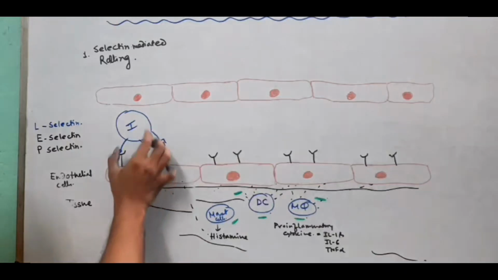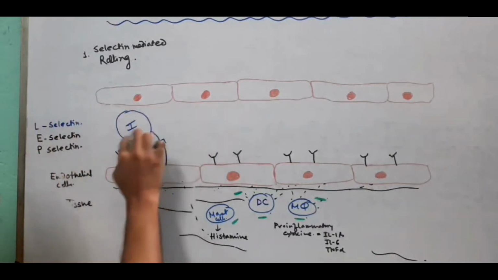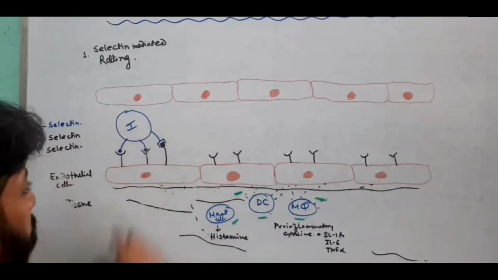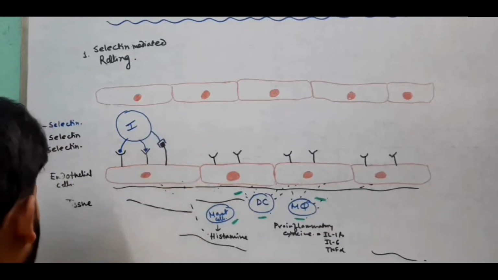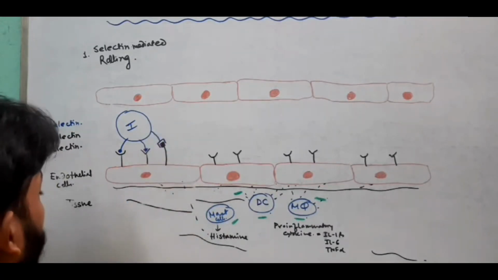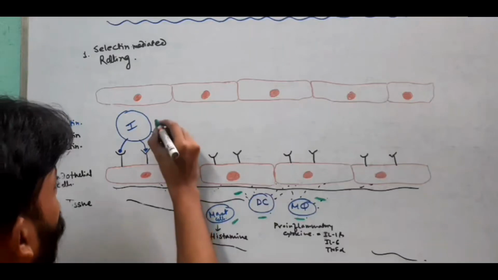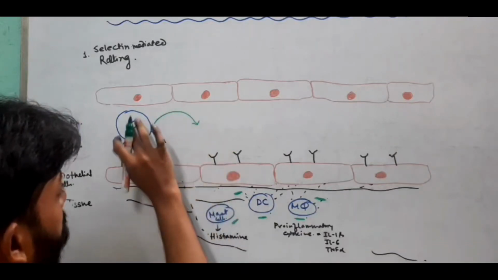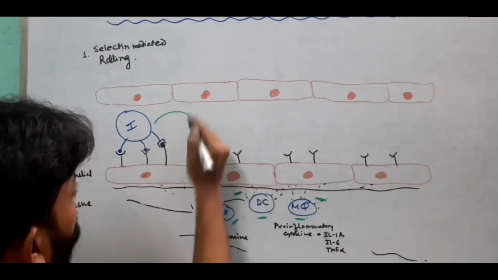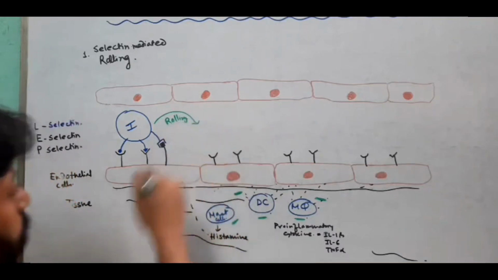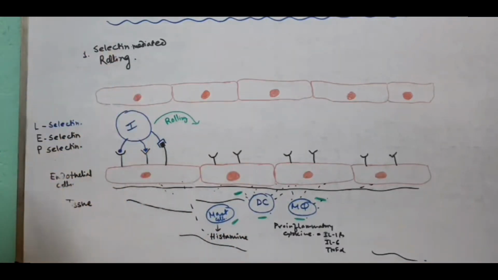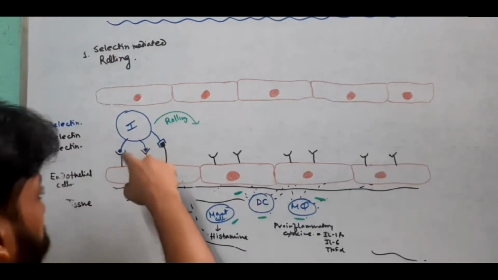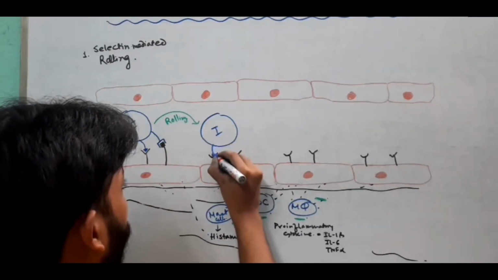First it attaches, then the flow of blood detaches the immune cell toward the next endothelial cell. So the immune cells move from one endothelial cell to another. This is called rolling. So this rolling is mediated by selectin molecules.